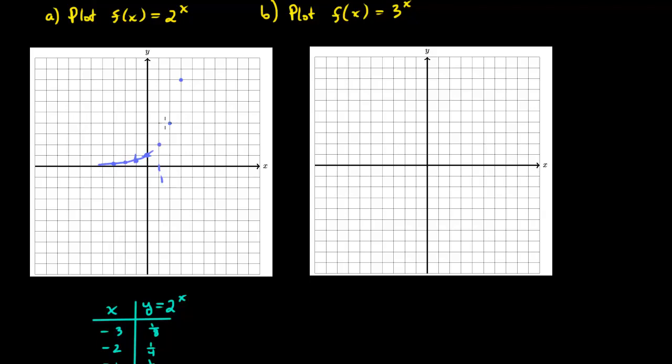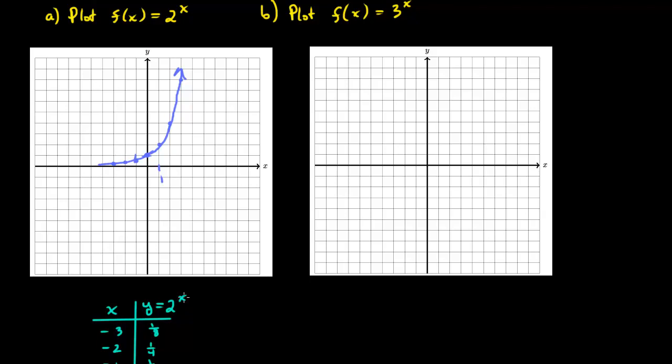Okay, as smooth as possible. As you can see, as these x values get further and further into the negatives, we get smaller and smaller numbers. But our graph is never going to touch the x-axis because we can't get a value of x such that y is 0.